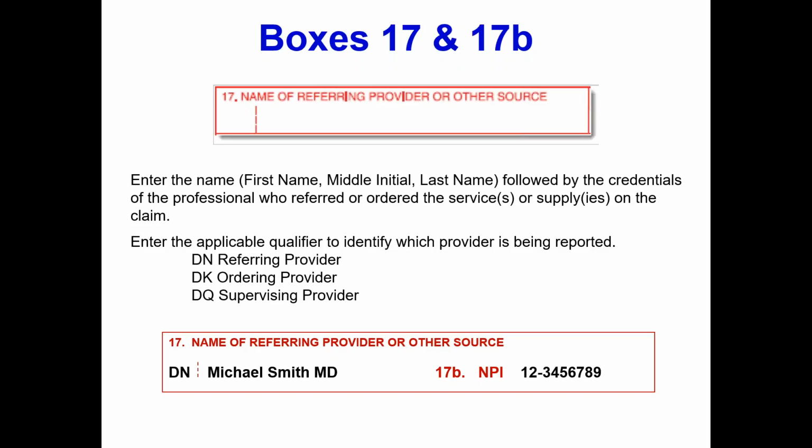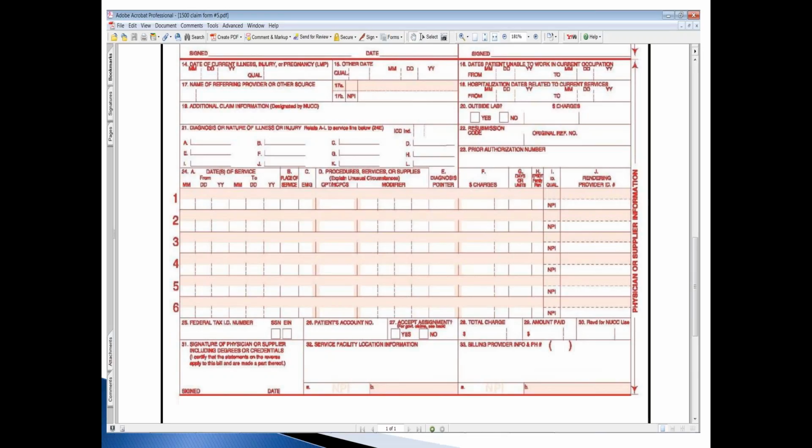But hopefully most of your claims are going in and getting processed properly. And this will just give you a couple more helpful tips and hints to make them work even more efficiently. So you could fill out the form perfectly. It goes in and gets denied. Well, maybe your group NPI and individual NPI numbers were transposed in the system, and that's why it got denied. So many reasons why it can get denied.